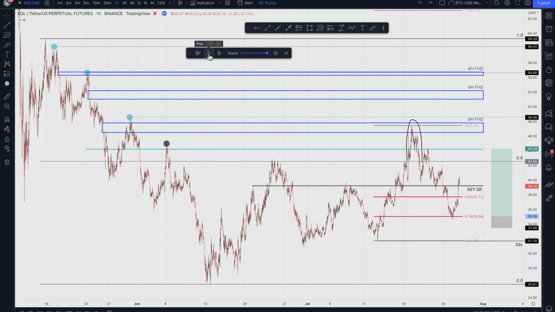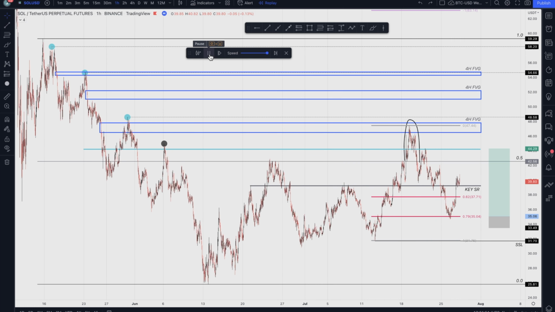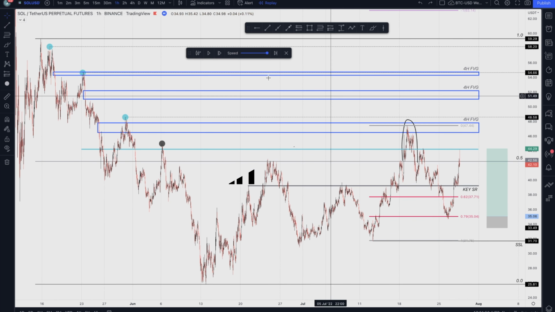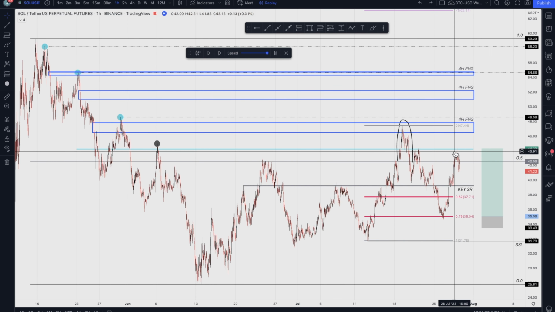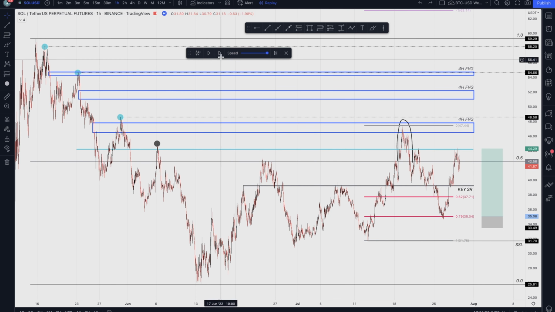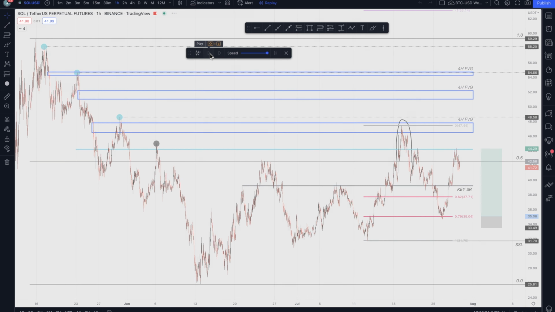Key SR, again, flips from support to resistance. Now it's trying to flip it again from resistance to support. First target hit and second target hit. What do we see here? Rejection. So anyways, the setup would have been complete.